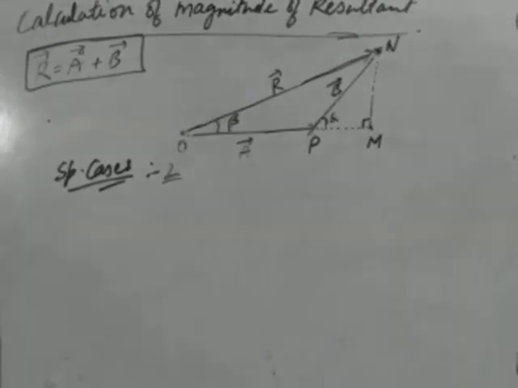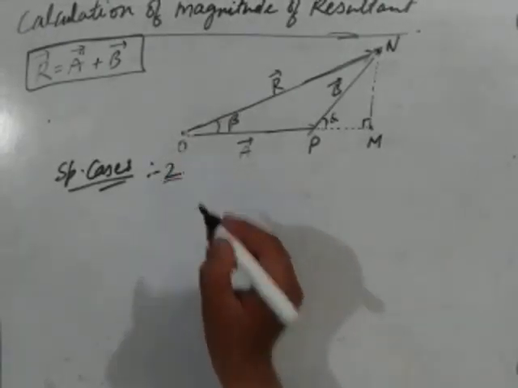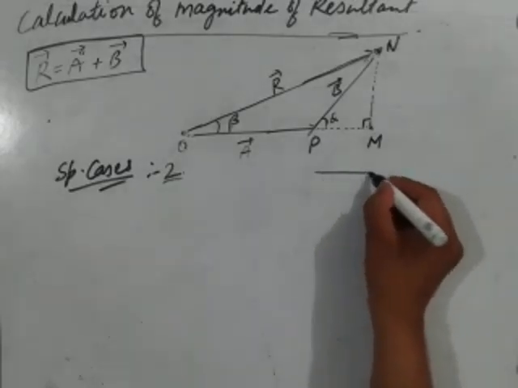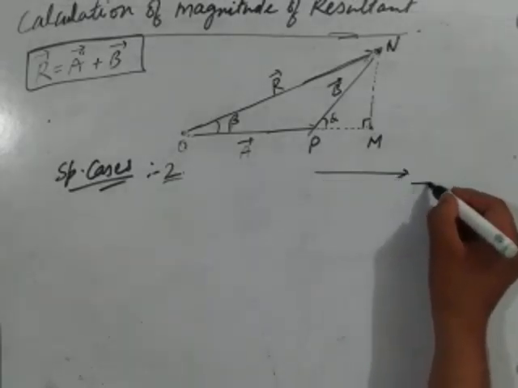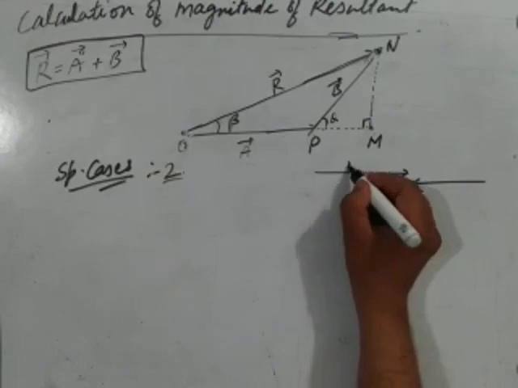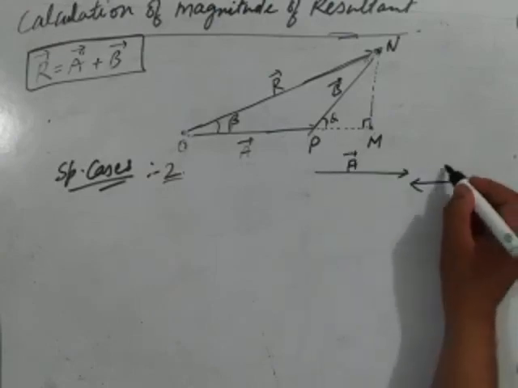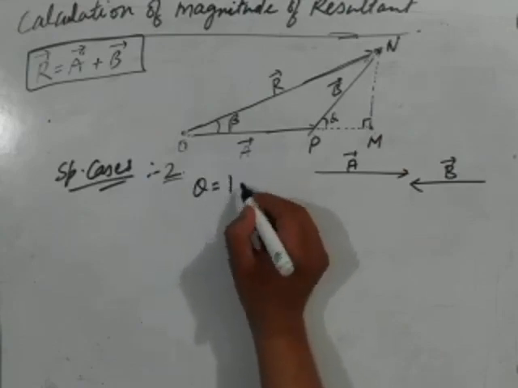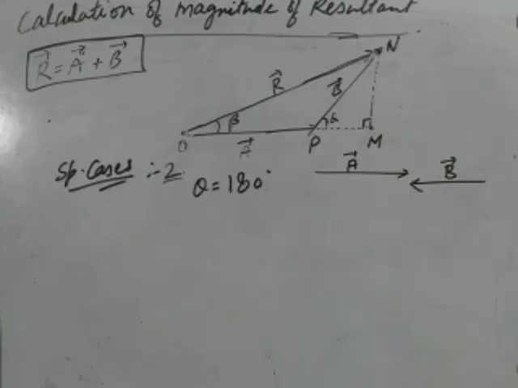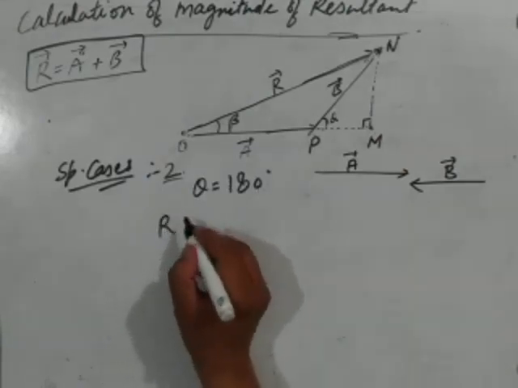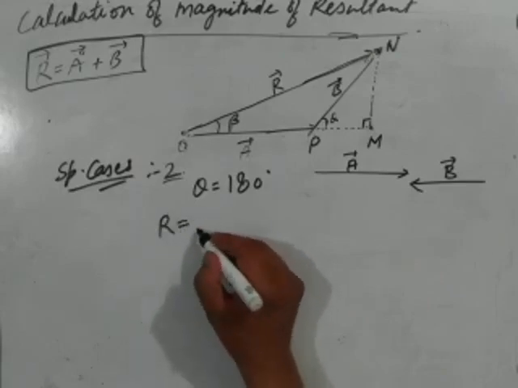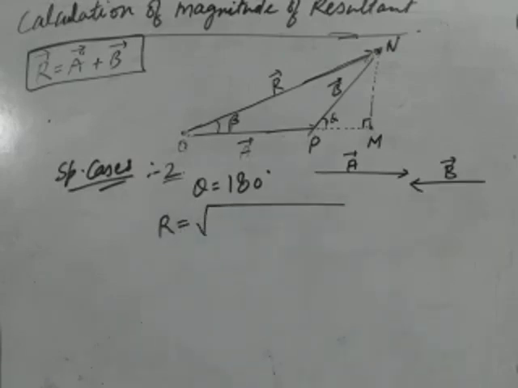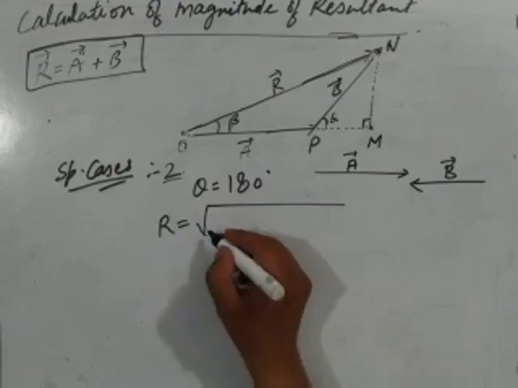Now case number 2, if the two vectors are parallel to each other but acting in opposite directions, A vector and B vector, the angle between them theta is equivalent to 180 degree. So we will use again the same formula, R equal to under the root A square plus B square plus 2AB cos of theta.